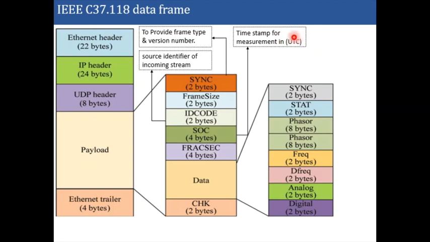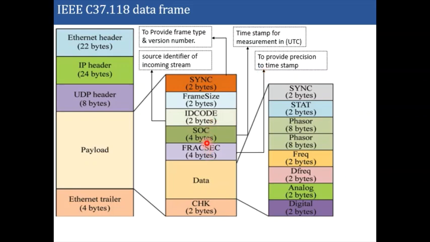In UTC, we count the number of seconds elapsed since 1st January 1970. So in the SOC block, you will see a large 12-digit number which tells how many seconds have elapsed since 1st January 1970. The next block is fraction of second, which provides precision information related to the timestamp because it stores the fraction of second with accuracy up to 1 microsecond.